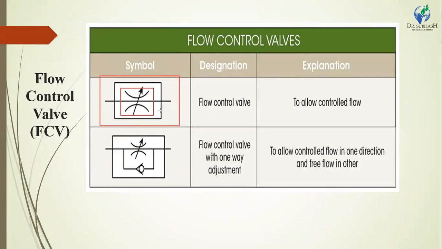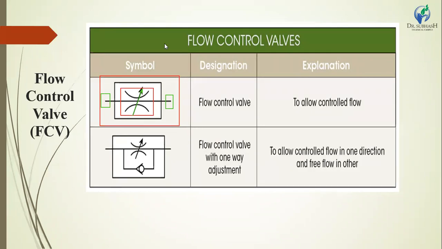That's mentioned as a variable restriction flow control valve. This point is the input and this point is the output, and this arrow drawing indicates a variable condition, meaning we can vary the flow as per the requirement.